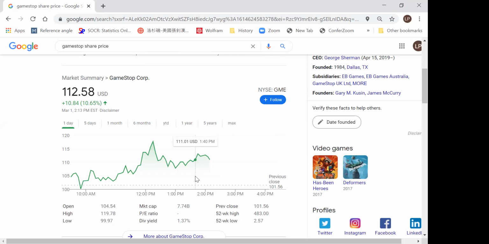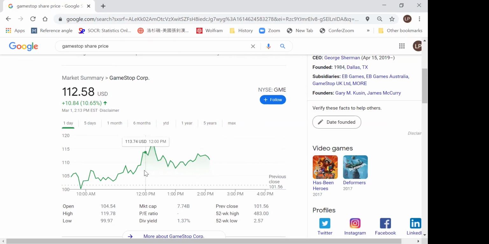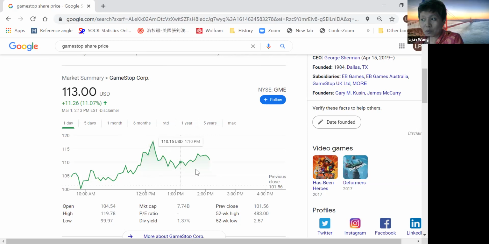Okay, so do you agree this is a function? As long as for every moment there's exactly one output, it is a function. So the input is time, the output is the price. And where do you see the price? The price is marked vertically.